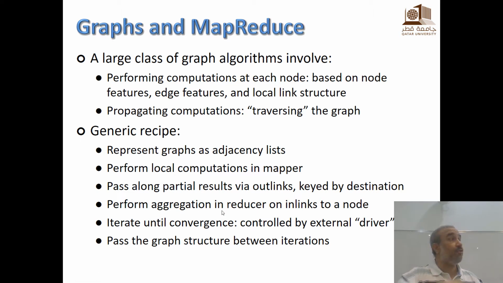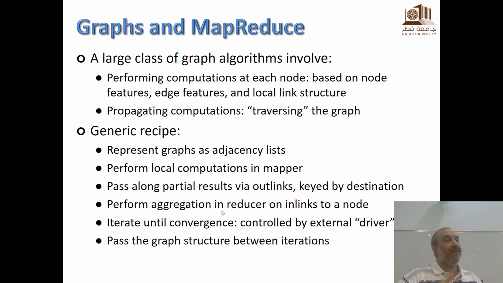Okay? And this is controlled by an external driver, by the way. We mentioned that earlier, and you will see it in the new assignment. When you have multiple jobs, MapReduce doesn't know that these jobs are related. So you have to control it through an external driver code that will do this looping and preparing the input and the output for each MapReduce job.